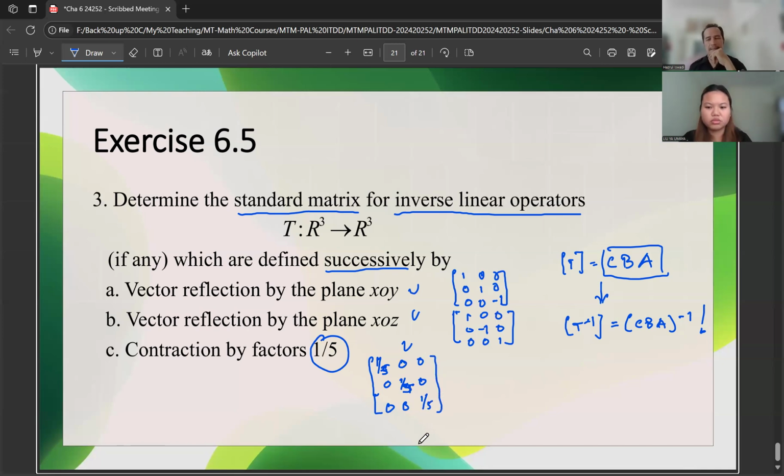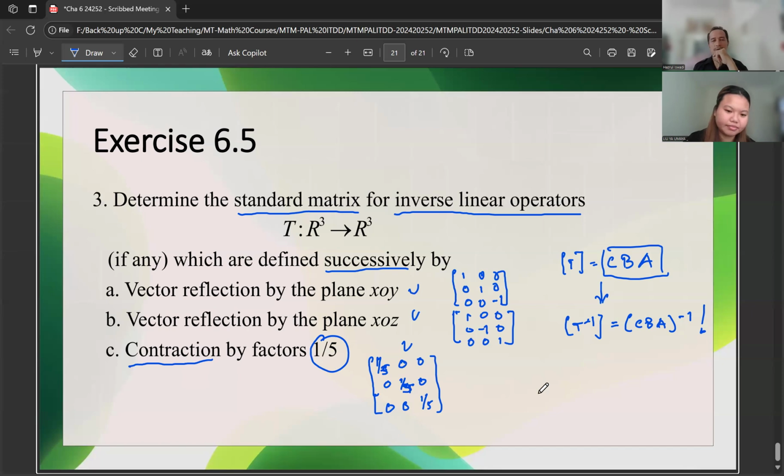Just replacing k by 1 over 5. Yeah, this is the standard. Contraction and expansion have the same matrix. Just replace it by k.